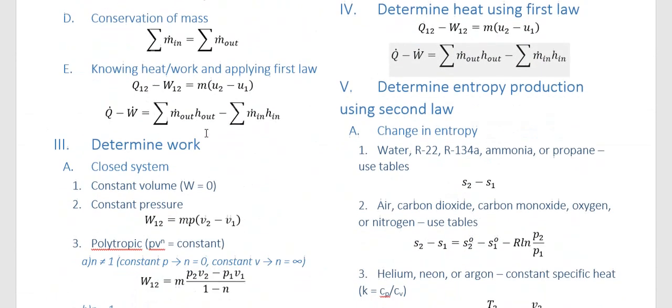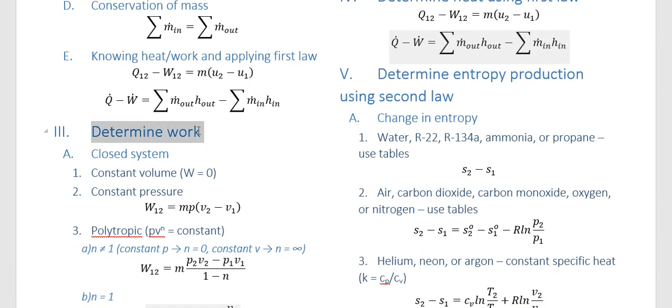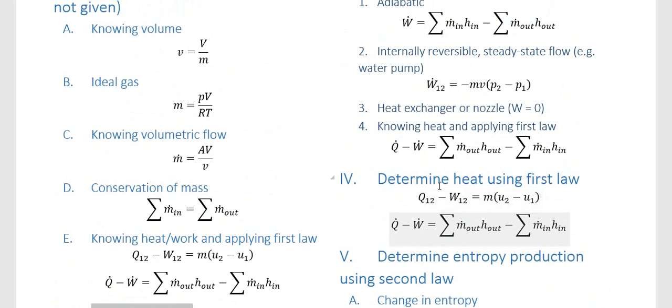Once you have your mass, go and find your work using the values that you've got, U's and H's or P's and V's. You've set all your states, so you should know all the properties at this point. So just pick the right equation for if it's a closed system, isothermal, or an adiabatic control volume or whatever to find that. Once you get your work, then you just use the first law to find your heat.